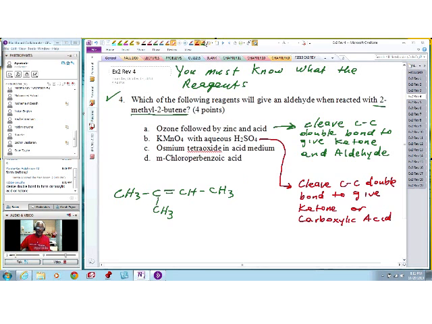About C, this here, osmium tetroxide. What does it do?